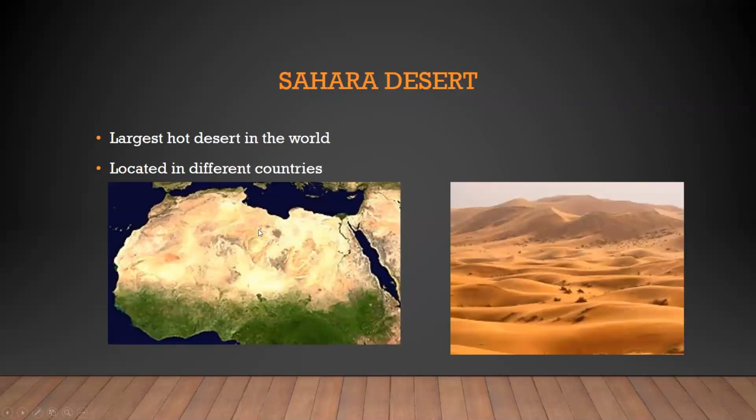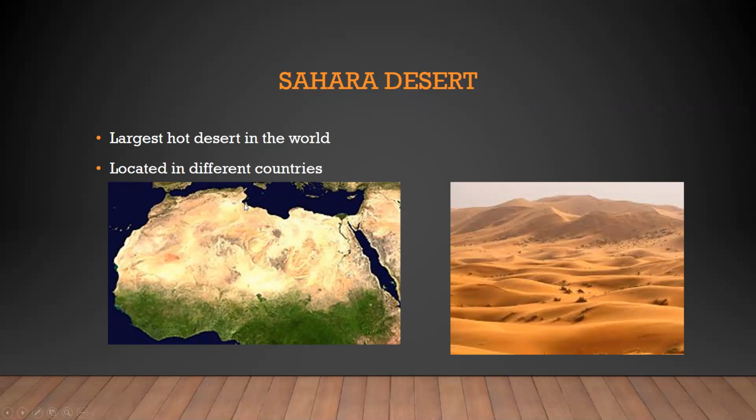You can also see this is a satellite picture of the Sahara Desert, and you know that the Sahara Desert is the largest hot desert in the world. It is not located in only one city. No, it is located in around 8 countries, different countries.